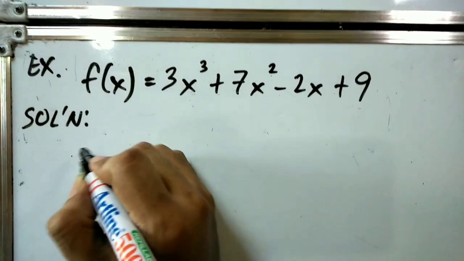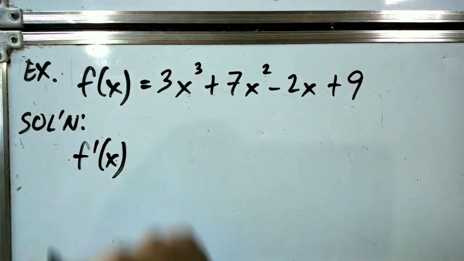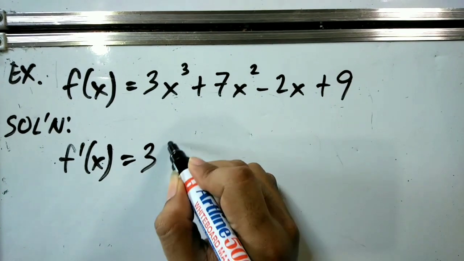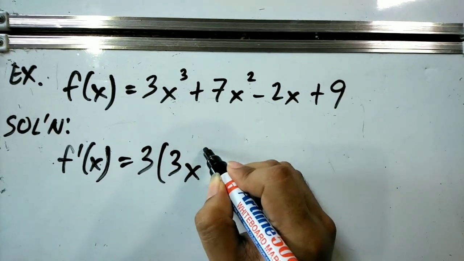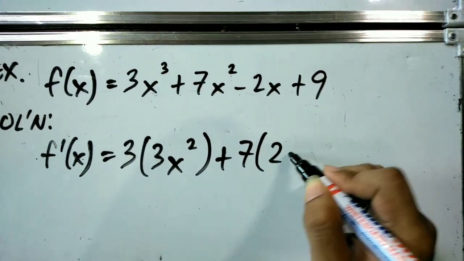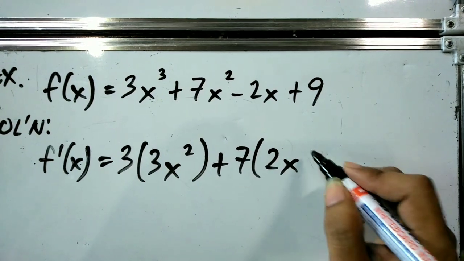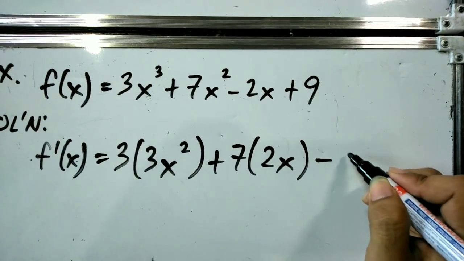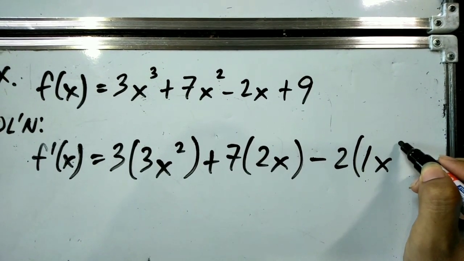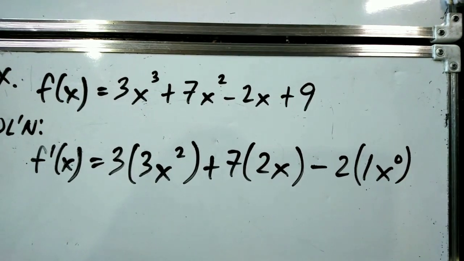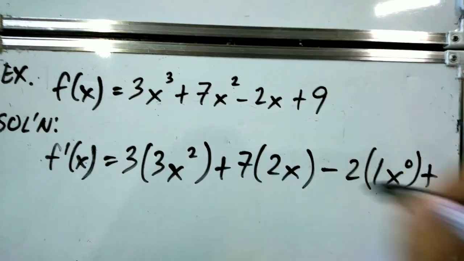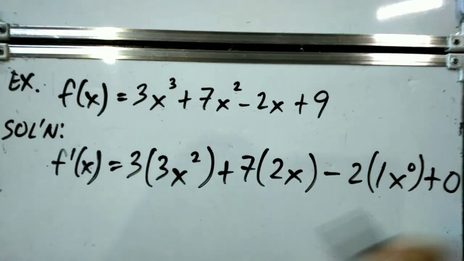Okay, so we have the solution. f prime equals 3 times 3x squared plus 7 times 2x minus 2 times 1x to the 0 plus apply the constant rule, so it becomes 0.